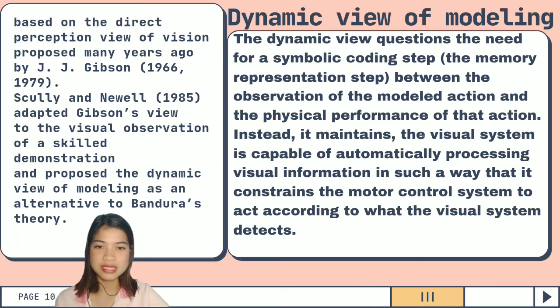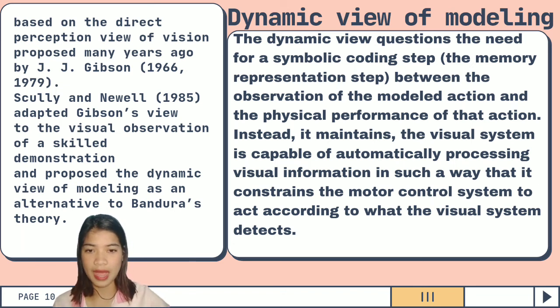So the person does not need to transform the information received via the visual system into cognitive code and store it in memory. The visual information directly provides the basis for coordination and control of the various body parts required to produce the action.